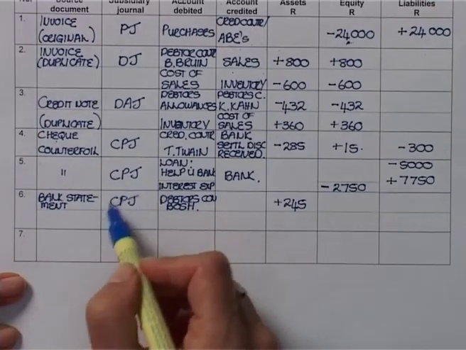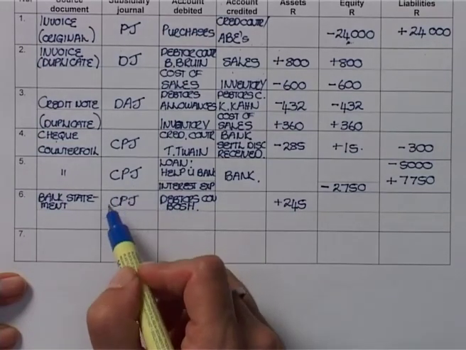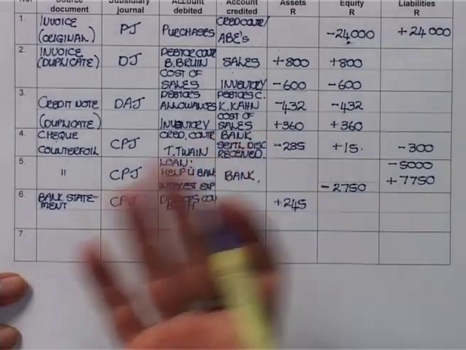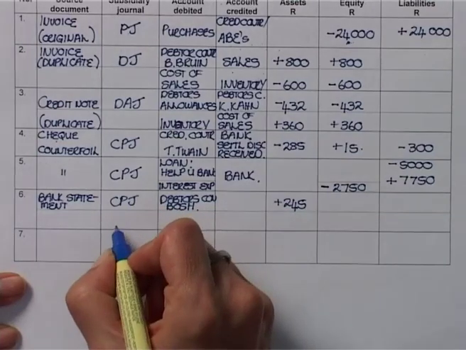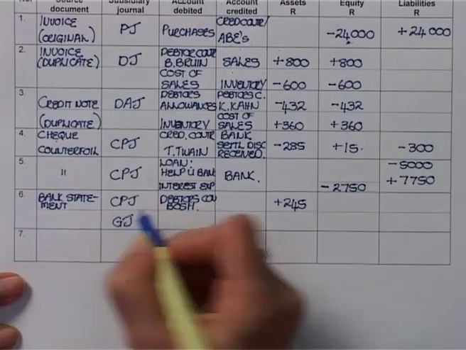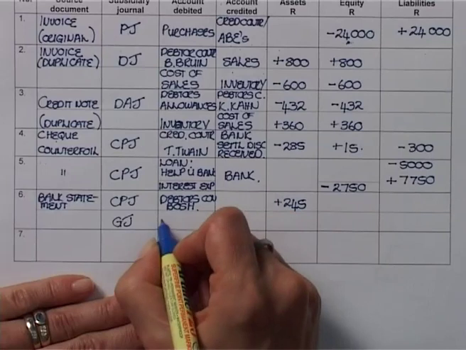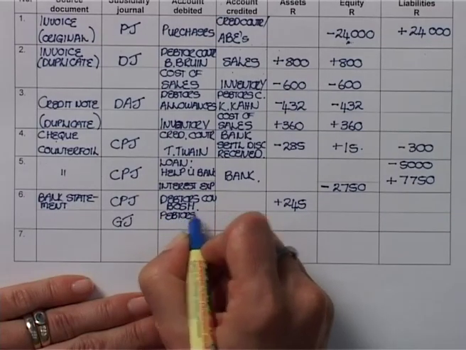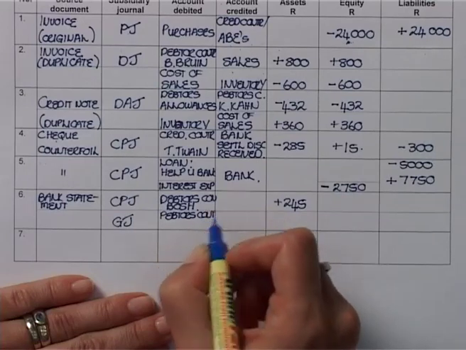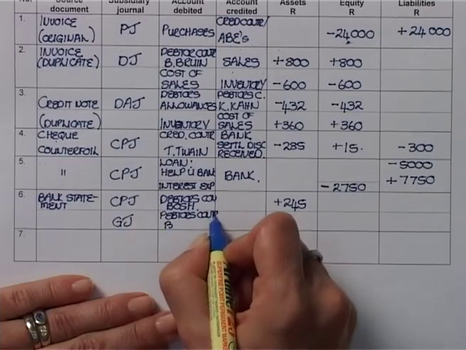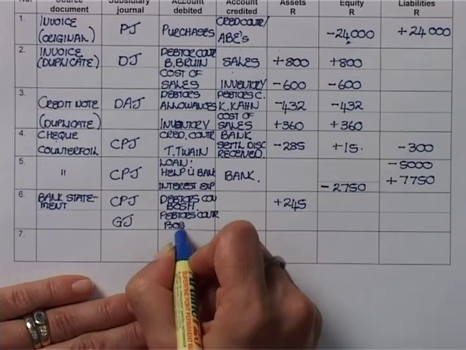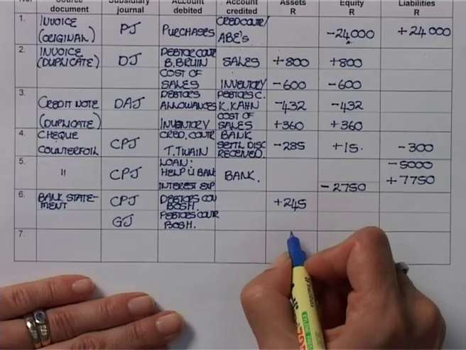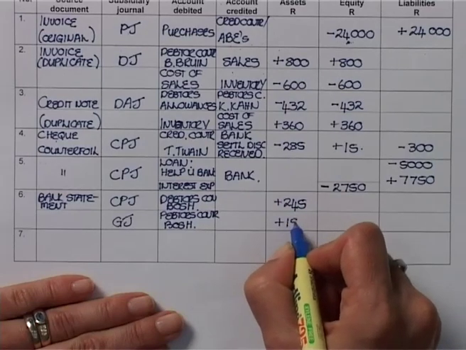Therefore, all these transactions that cannot fit into the generally used journals will have to go into the general journal. And the debtor will also owe me that settlement discount amount again.